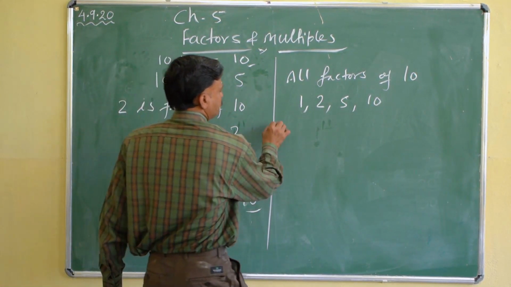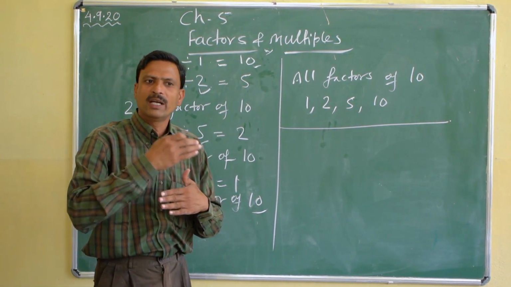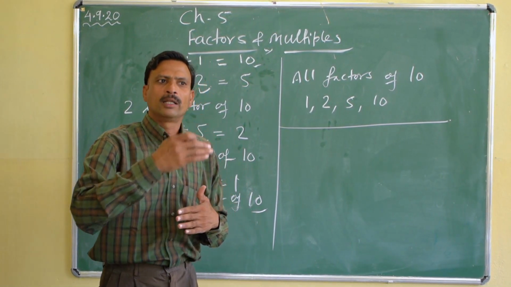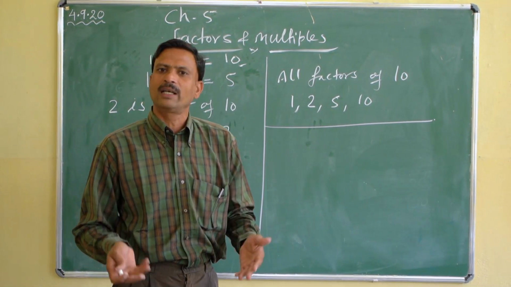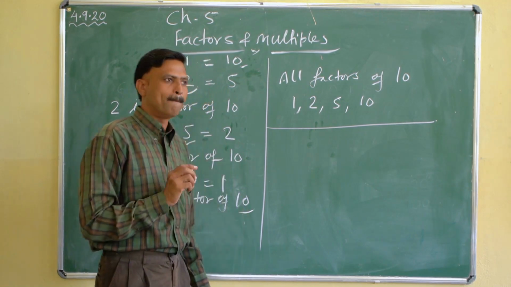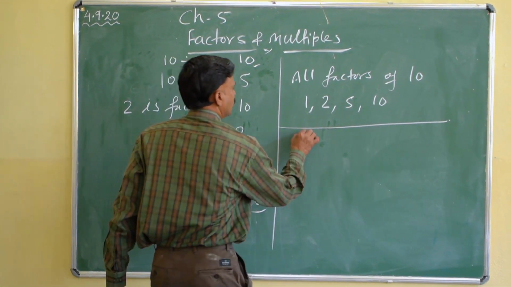But if you find the multiples, as I told you, when we are dividing a number, the divisor is called the factor and the dividend is called the multiple. So here the dividend is 10.